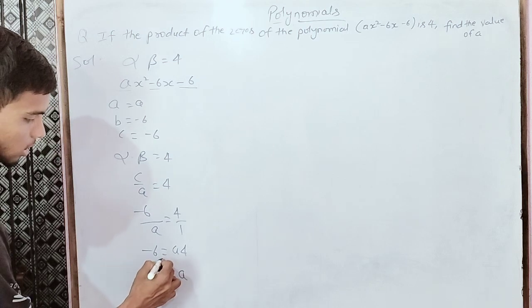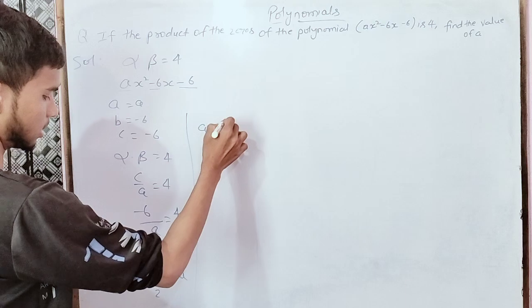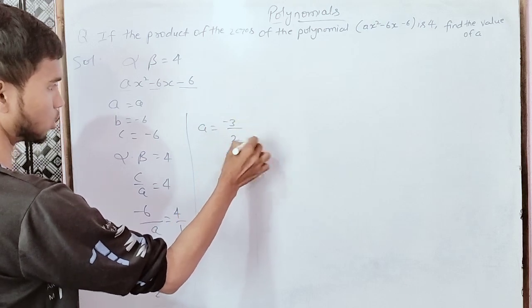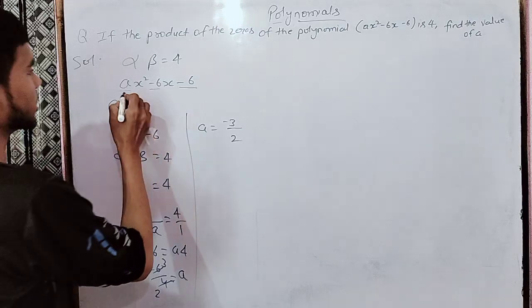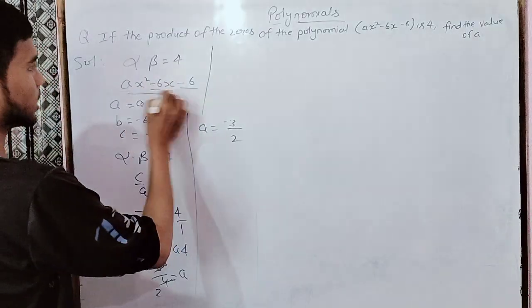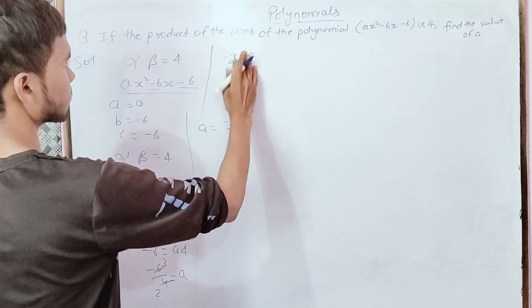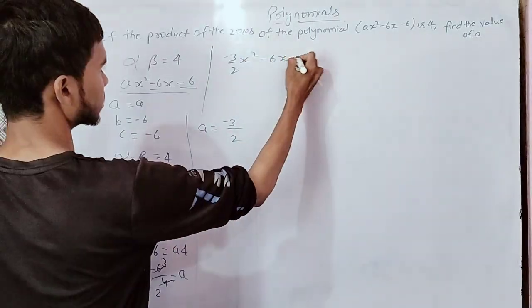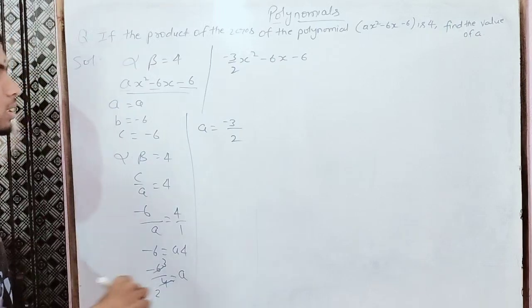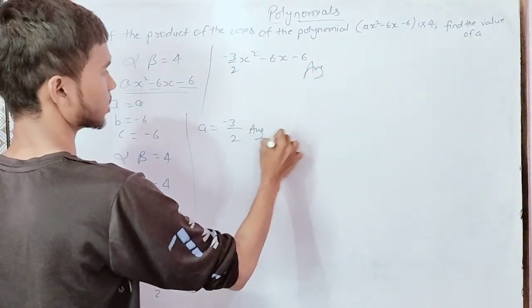2 to the and 3 to the. So finally A is minus 3 upon 2. So we can write it as minus 3 upon 2 x square minus 6x minus 6. Okay. So this is the answer.